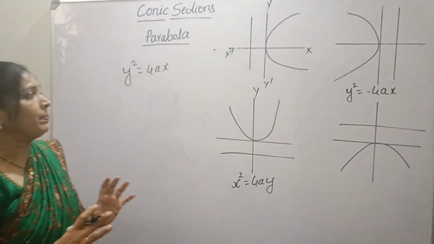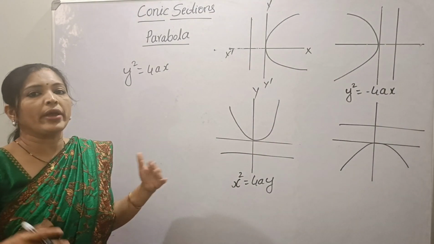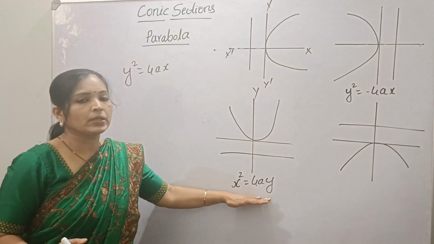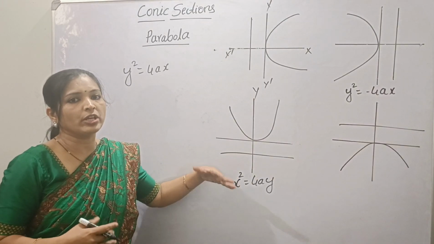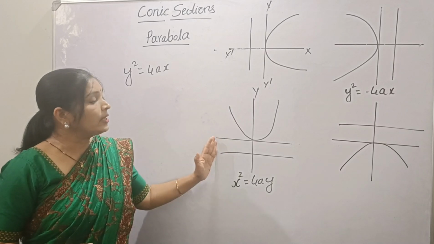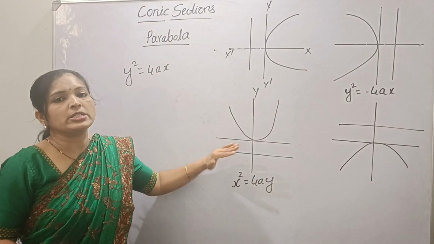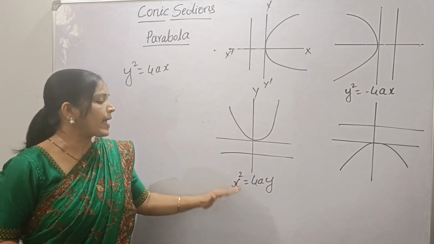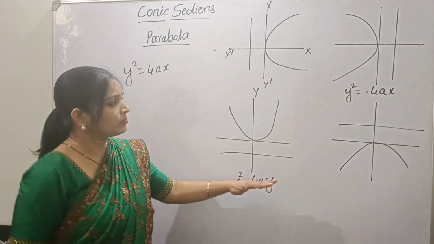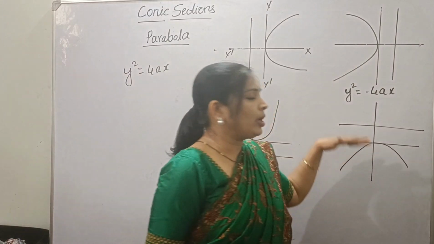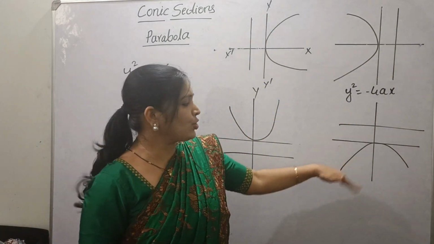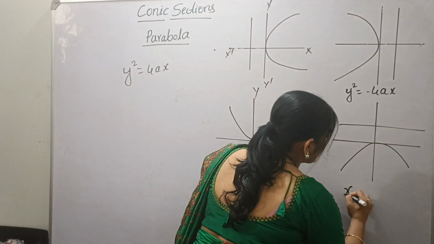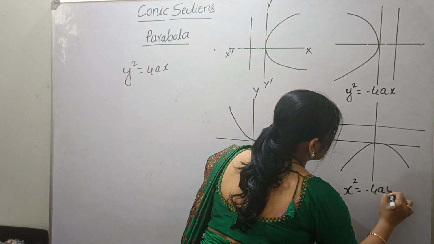The same derivation you can follow, and you will get the same equation. And if the parabola is towards the negative y-axis, the equation is x square is equal to minus 4ay.